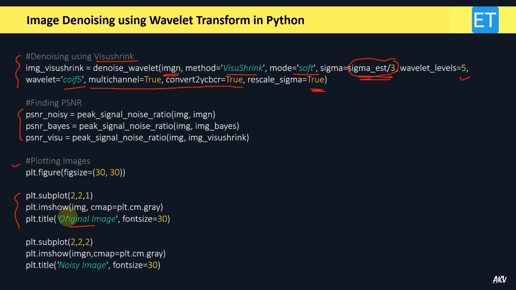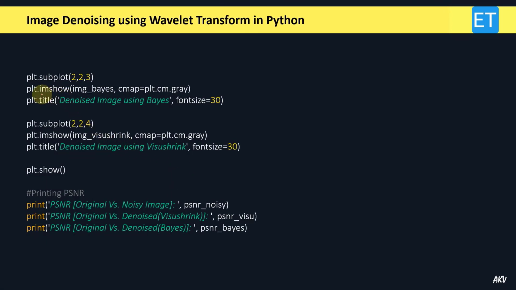So here I am plotting the original image, that is IMG, and here I am plotting the noisy image, that is IMGN, and here I am plotting the denoised output that we are getting from the BayesShrink method, and here I am plotting the denoised image which I am getting from the VisuShrink method, and here I am printing all those PSNR values.